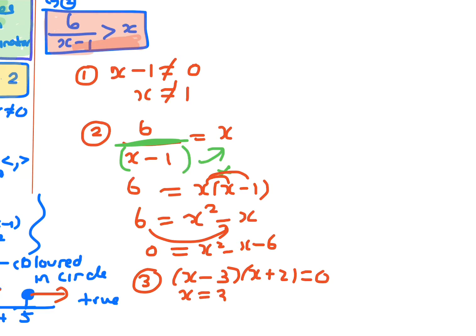So you end up with x is 3 and x is minus 2. So far our special points is, sorry, I meant to get, it's going to be minus 2. So we've got x equals 1 is a critical point, and x equals 3 and x equals minus 2.